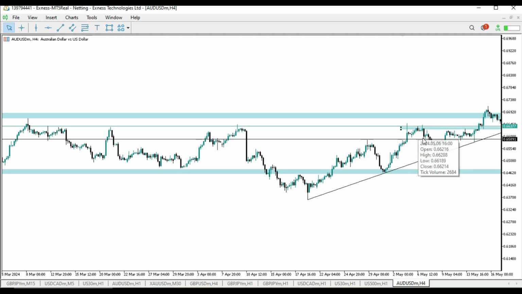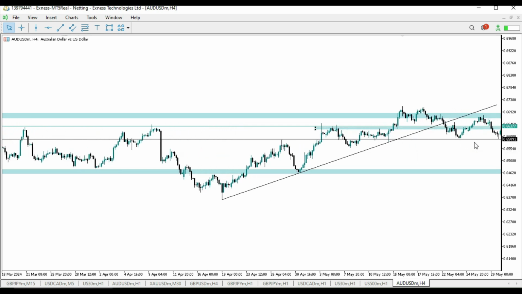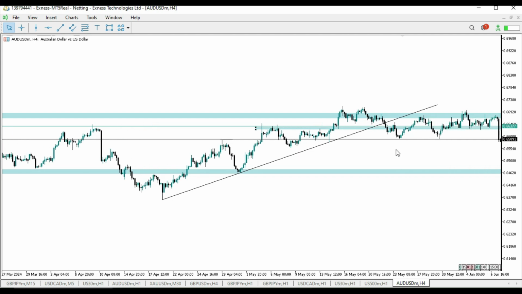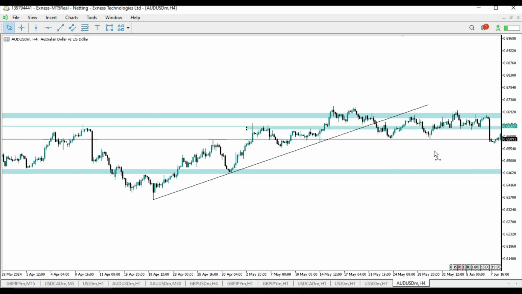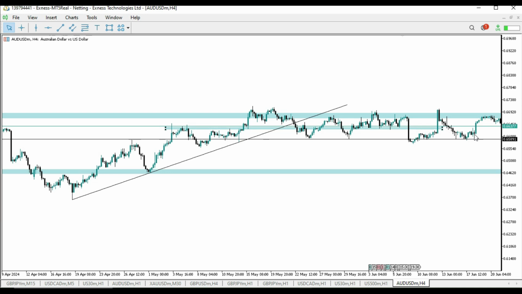The market traded and came back, and when it touched the trend line here, look at what it did. It bounced the market up again. This higher high was broken and gave us another higher high here. Later, the market broke out of this trend line, came up and tried retesting it, and then the market consolidated here.